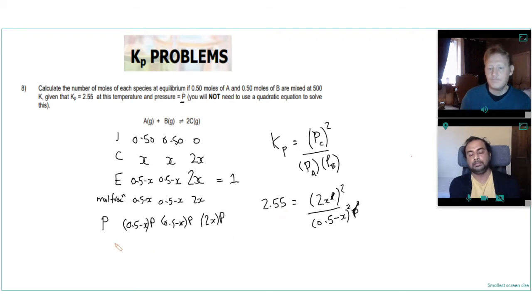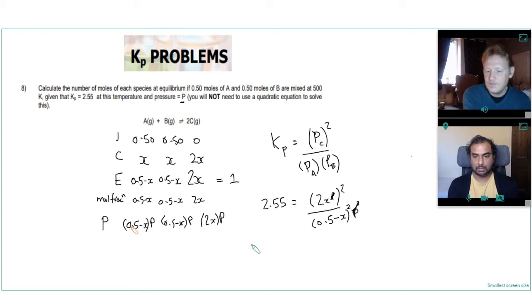Is there anything we can do here without expanding the brackets? Yeah, I didn't pay attention to that one. Went for the heavy-handed maths approach. Probably the easier way is just to square root both sides. So you would square root all of this, and then you square root that as well.